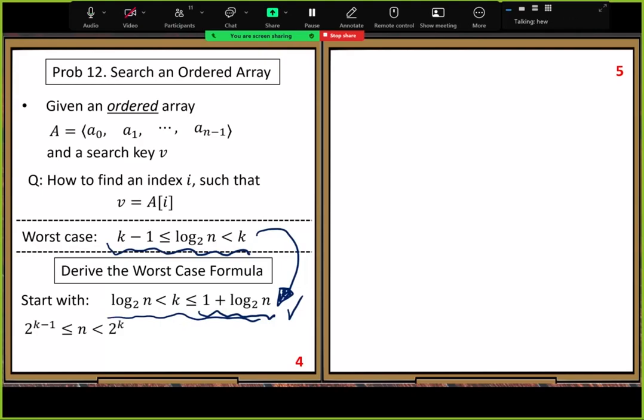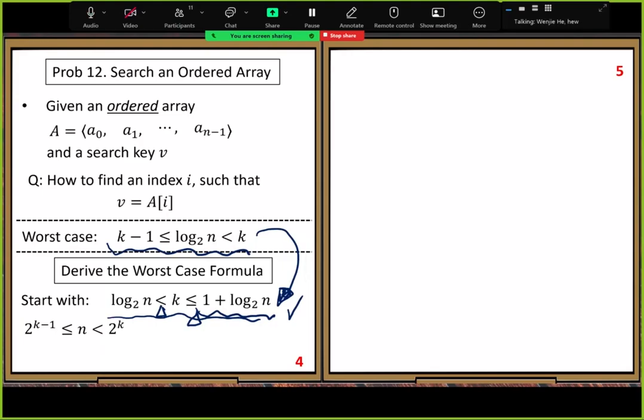Because in the upper bound there is an equal sign, when we apply the floor function, that's easy. But the lower bound has a strictly less than sign. If we move up, then we don't know whether we should take an equal sign or unequal sign.